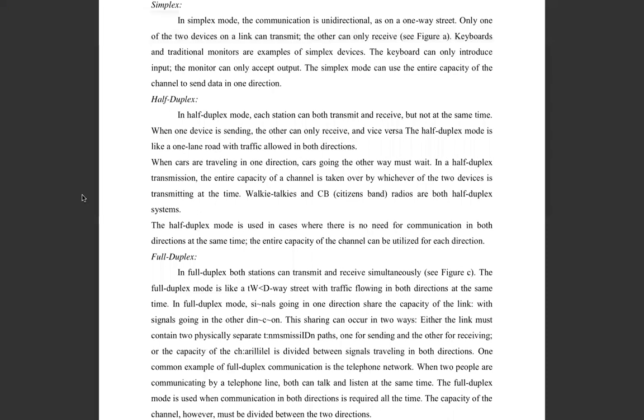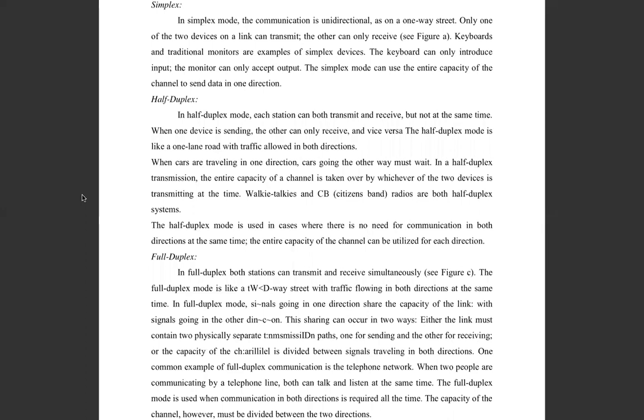Now in half duplex mode, transmission can be done in both ways, but not at the same time. So for example, this path, or this transmission you are actually doing, point A, point B, the medium between point A and point B is half duplex mode, meaning point A can send something to point B, and point B can also send something to point A, but they cannot do it at the same time.